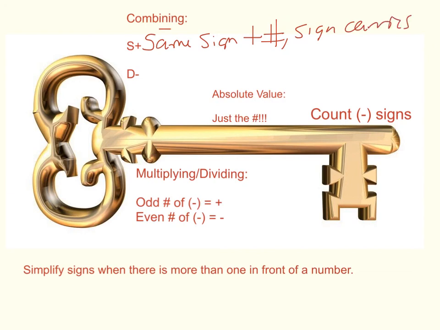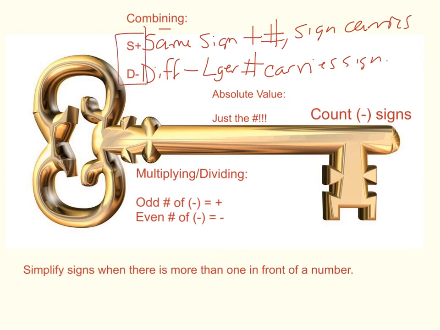Different signs, I subtract. Larger number carries, and that carries the sign. So these can be just little codes that you can have for that. We'll probably be doing something in class to help you with that as it goes along.